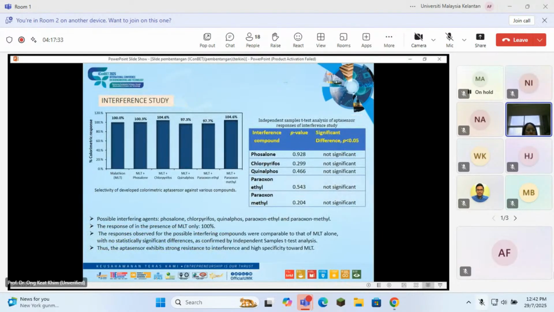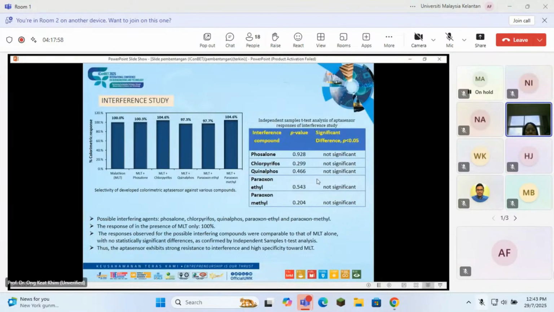From the interference study, we reported the MLT concentration response as 100%. The responses after adding the other pesticides are also close to 100%. So we did an independent sample t-test analysis to confirm whether the response is significantly different from the MLT only.